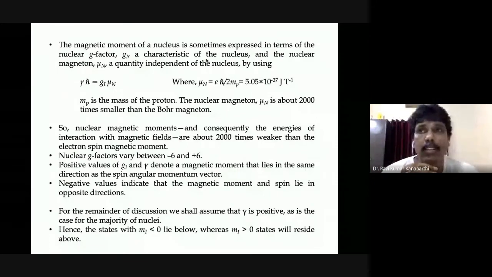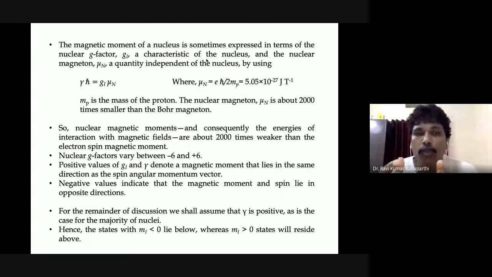This gamma is very important as far as the Larmor frequency of the nucleus is concerned. We'll see that in a minute. G factors are also important. Since in a given experiment we only deal with one particular nucleus, we don't really pay attention to these quantities, but indirectly they are very important to us.